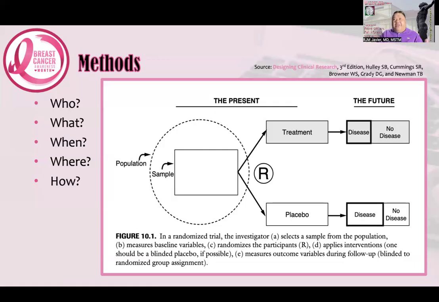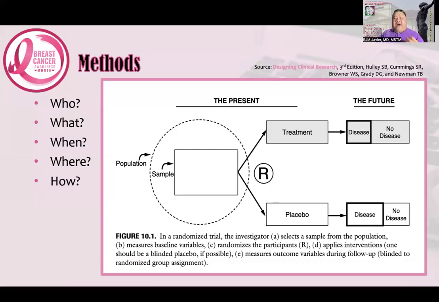And when you do a randomized controlled trial, randomization will give equal opportunities for your study subjects to belong either to the treatment arm or to the control arm. Randomization is also a good technique to minimize any possible confounding variables that you may have in your research study.